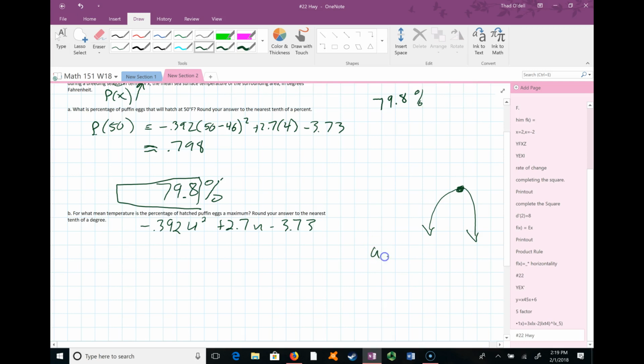But keep in mind that u is equal to x minus 46.